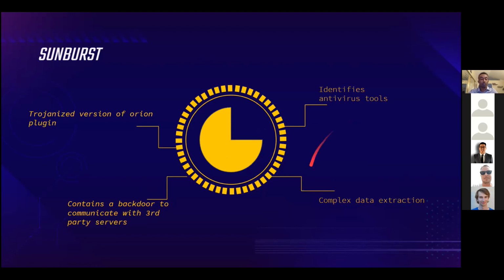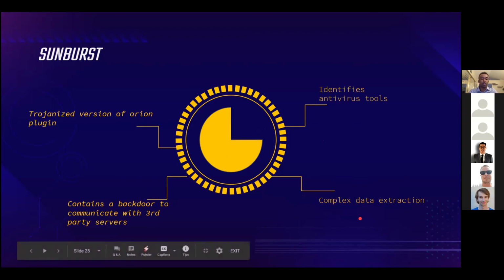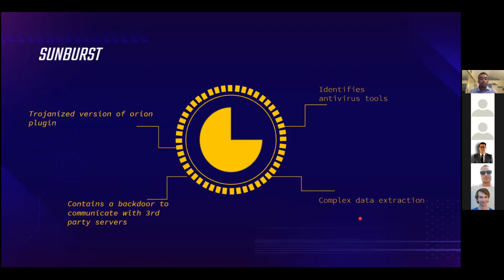And on the bottom right, we can see the topic of complex data extraction that Sunburst provides. The malware's network traffic attempts to blend in with legitimate SolarWinds activity by imitating the Orion Improvement Program protocol, and persistent state data is stored within legitimate plugin configuration files.